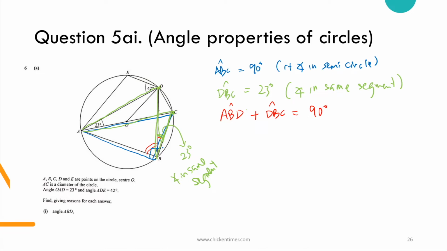Because ABC is a right angle. So now ABD plus 23 is 90. So ABD is 90 minus 23. Goes to 67.